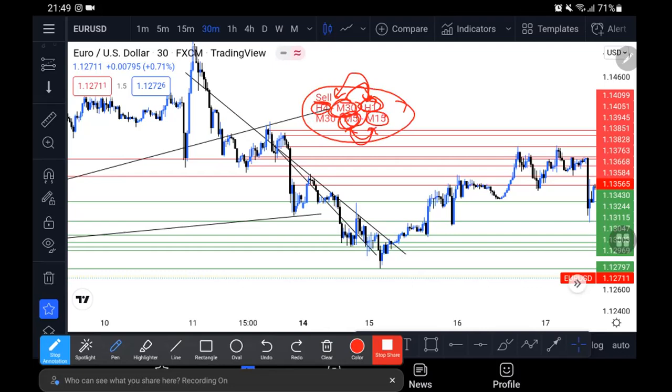So the point is, whenever we are taking our M3, it should be a break of bias after that. If there is no break of bias, let's say we're taking entry at the miss, and after the miss entry, it didn't break our bias, then we have the info, oh, there is not enough momentum, and maybe we can take the buy.